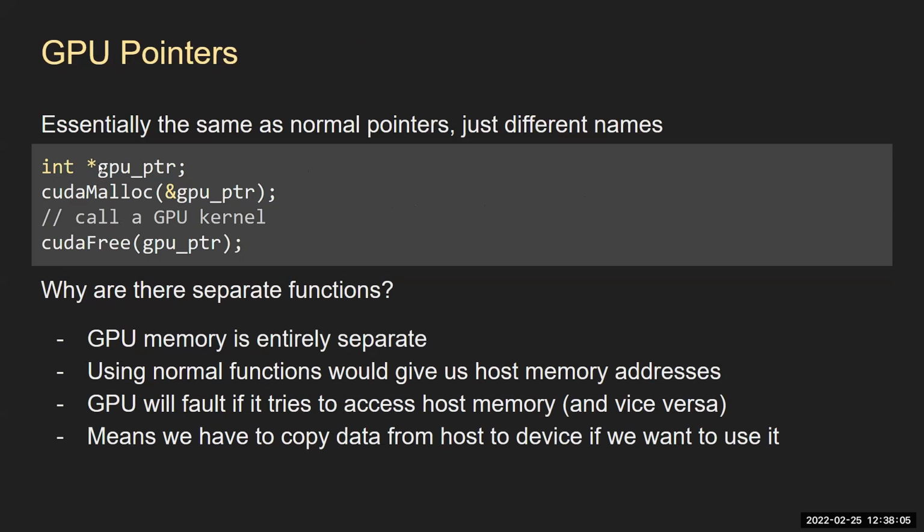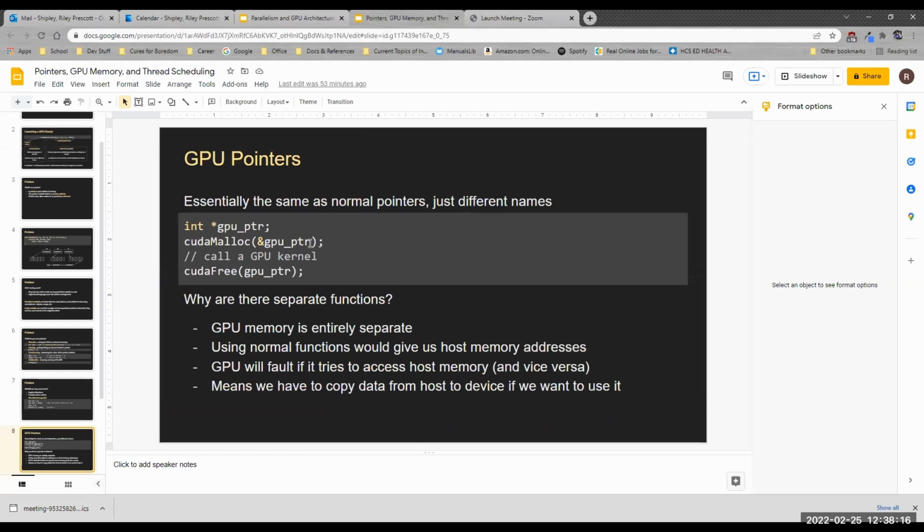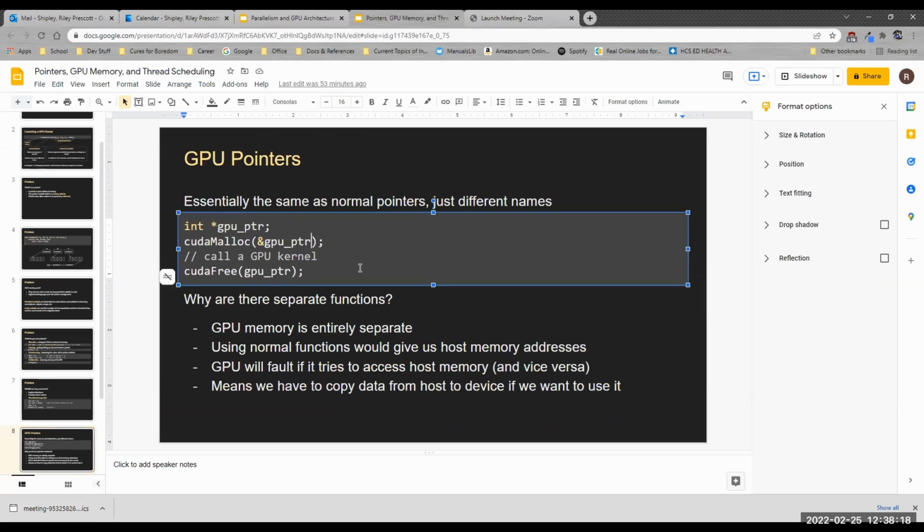But I just realized I made a mistake here. Actually, tell you what, we'll go behind the curtain here and I'll edit it as we go on. So what I should have done is this. You got the integer type. Instead of malloc, we've just got CUDA malloc. It's essentially the same thing, and it takes the same parameters almost.